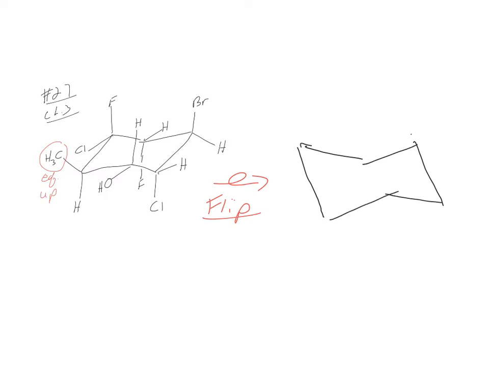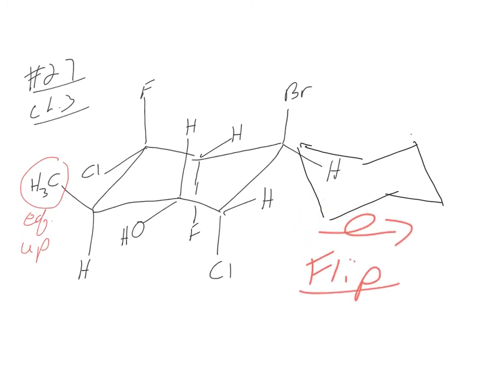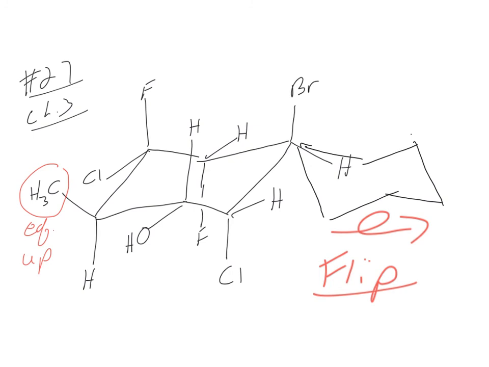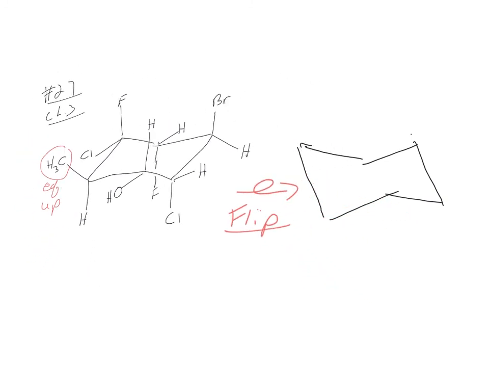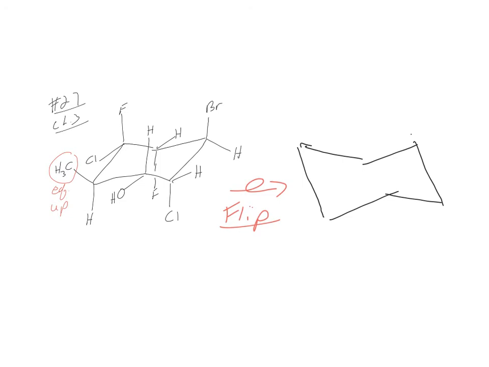What else happens in a ring flip? Let me number these carbons. I'm going to zoom back in and number these. Let's make that carbon 1, 2, 3, 4, 5, and 6. Numbering your carbons is never a bad idea.